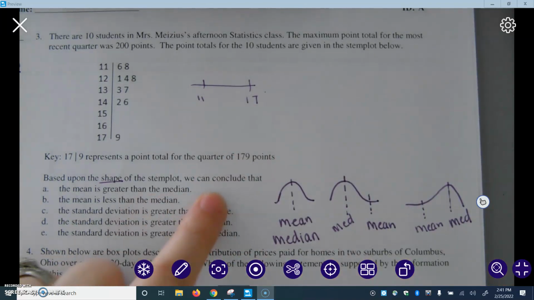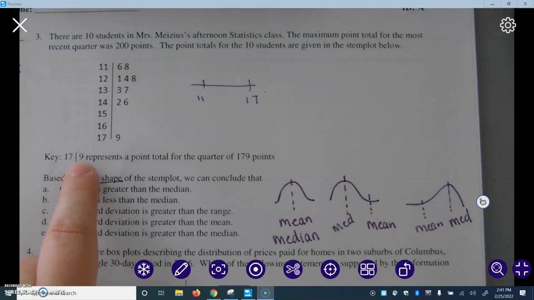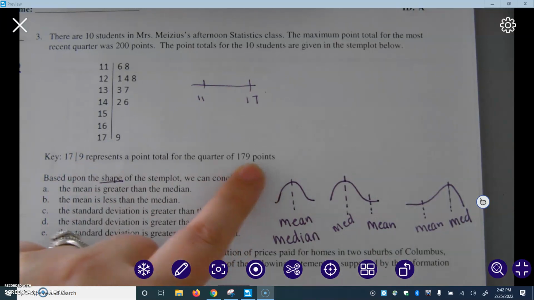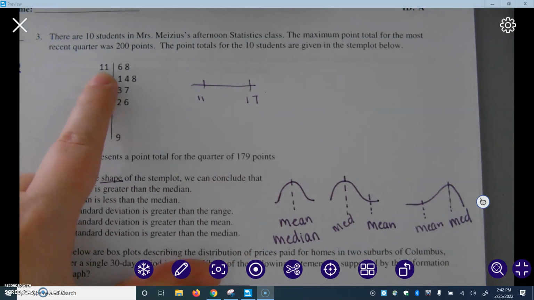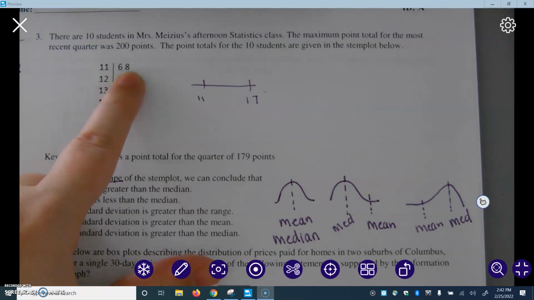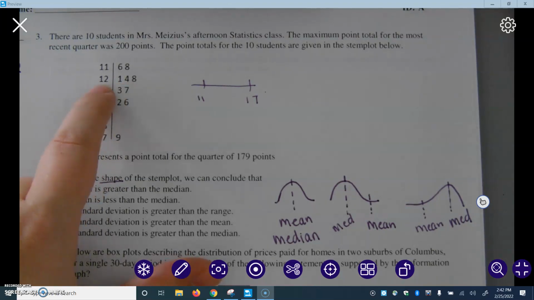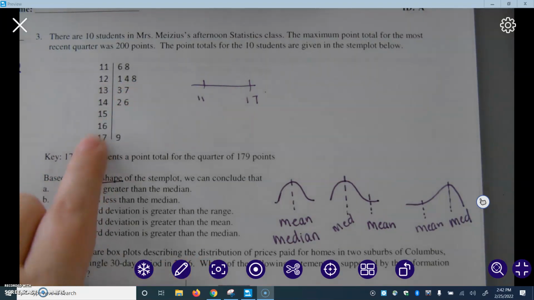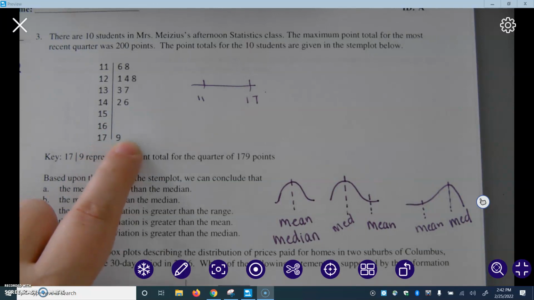And if I read the key, 17-9 means 179. So this means I have 116 and I also have a 118. I have a 121, a 124, and a 128. And then I have a 179 all the way down here. And you can see there's a gap.